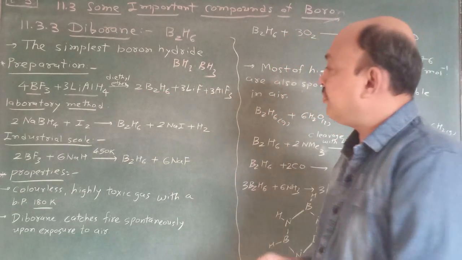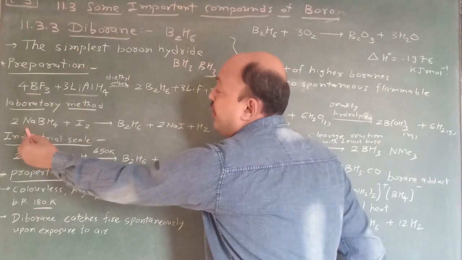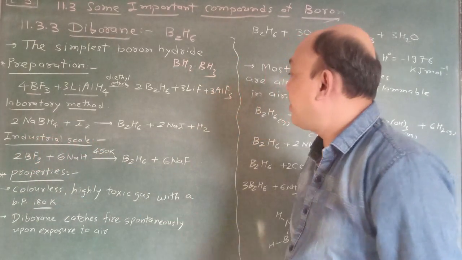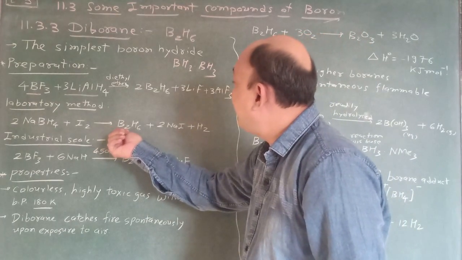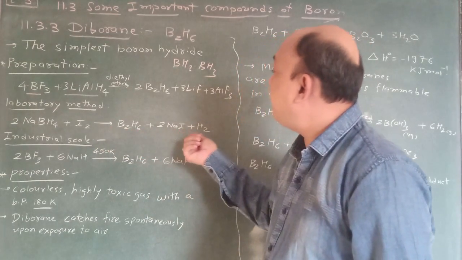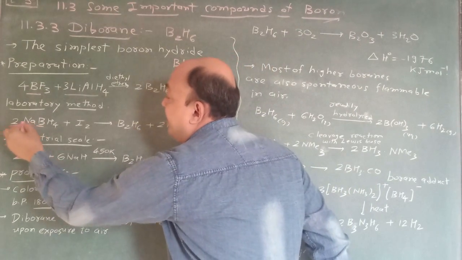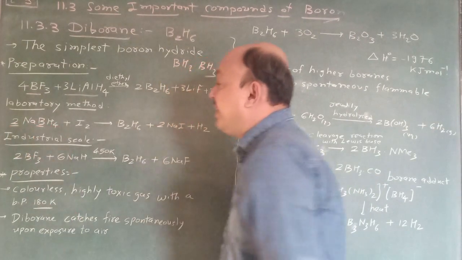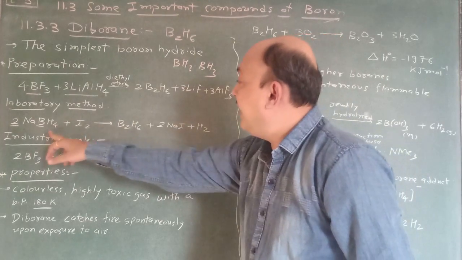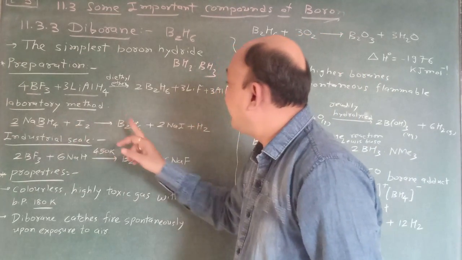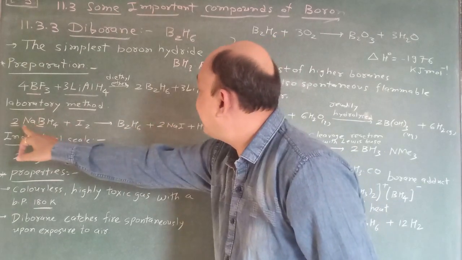Laboratory method. In the laboratory, sodium borohydride when it reacts with I2, an oxidation reaction, gives B2H6, 2NaI plus H2. So how will we perform this? You see, B is there, and from this, H8, H6 is there. So here H2 gas is evolved because 2H is remaining. And I2 is nothing but 2I minus and 2Na plus.